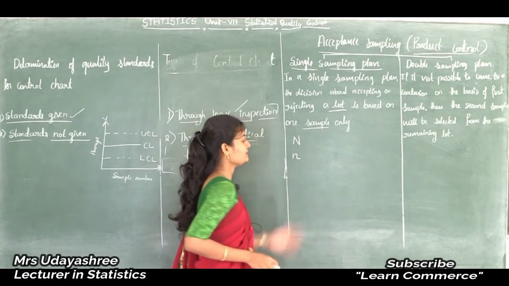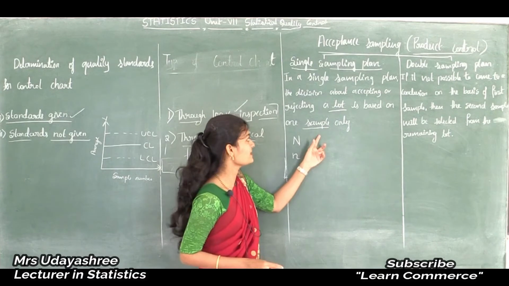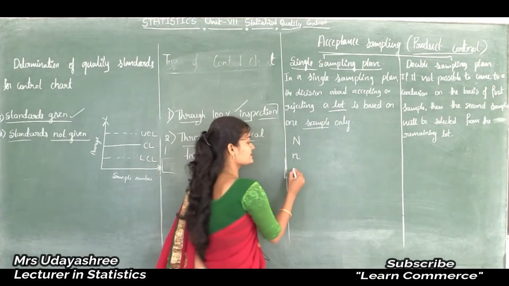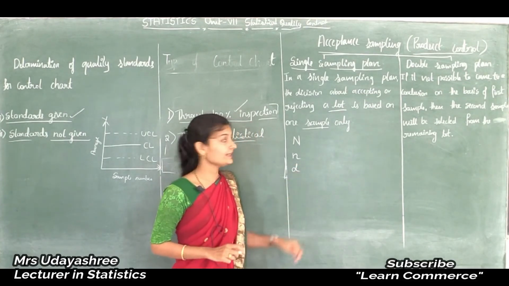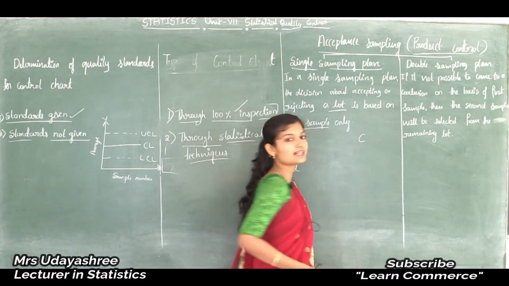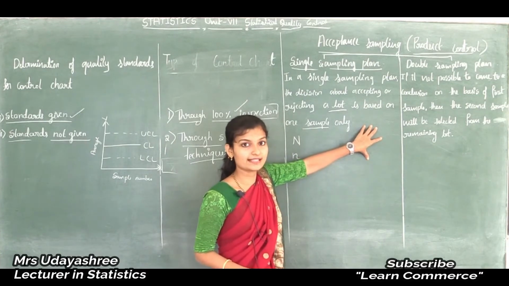Next, we need defects: the number of defectives is denoted by D, and we need C. C is the acceptance number, the maximum number of defects allowed in the sample.